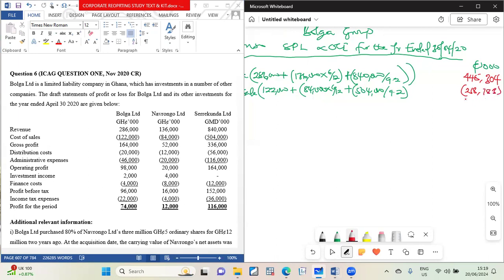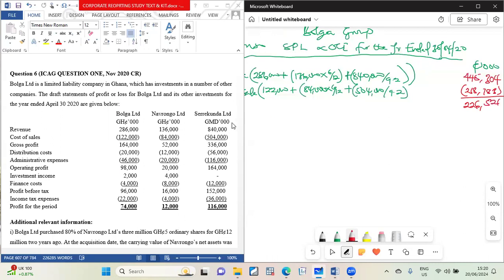Okay, so that is that. Straight away, I can get my gross profit, can't I? So minus 445,304. So I have 226,521. And that is my gross profit.